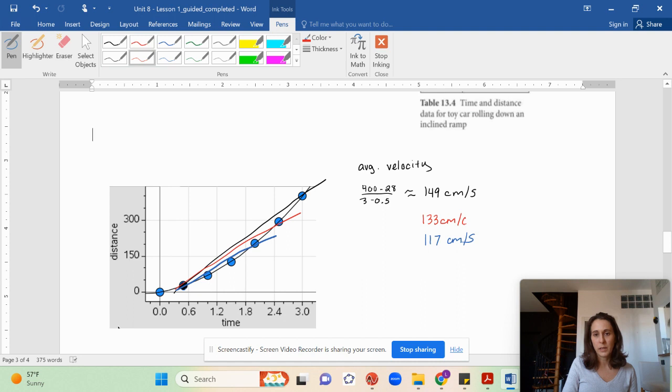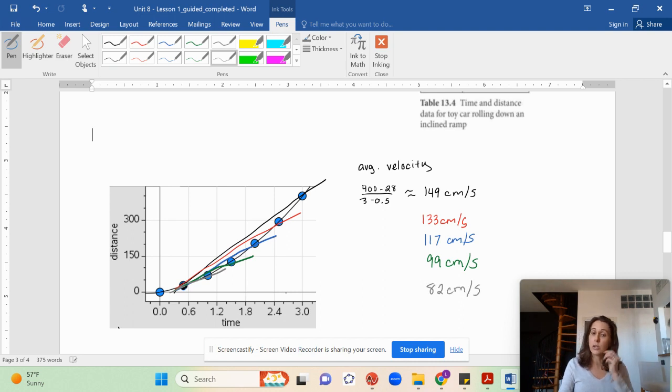I could do it again now for 0.5 to 1.5 seconds. So from here to here, it's getting a little bit sloppy, in green. And that would be 99. It makes sense. It's a little bit slower, centimeters per second. And then I could do it one more time for just the average rate of change in that half a second, from half to 1 second in gray here. And that's 82 centimeters per second.